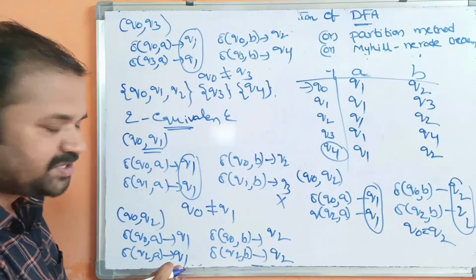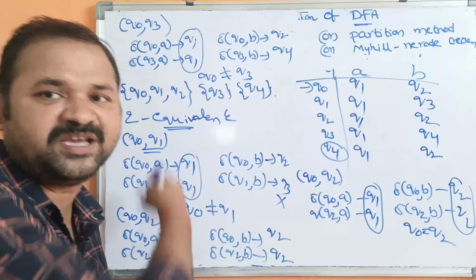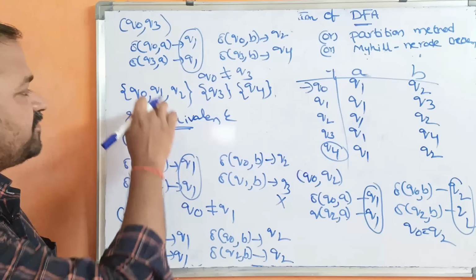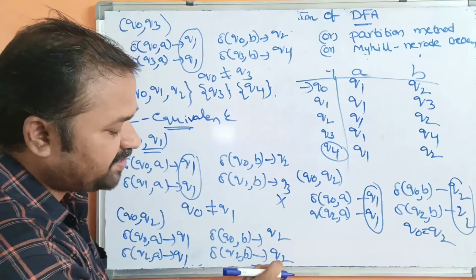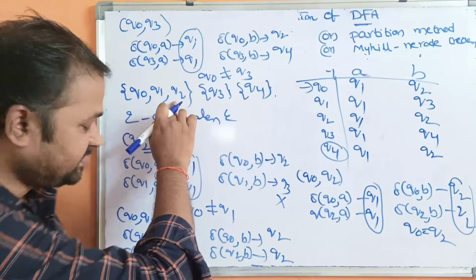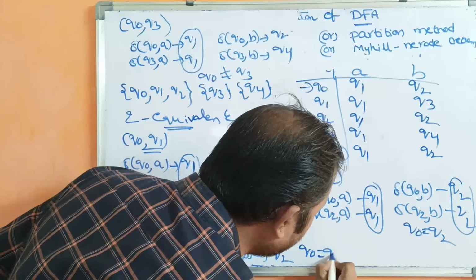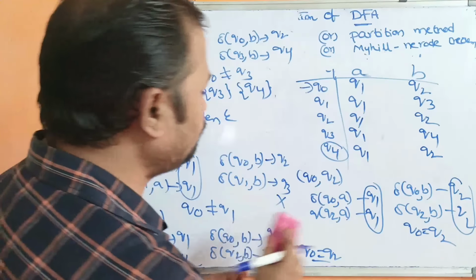Here we got Q1, Q1, so only one state, which will be in one set only. Here we got Q2, Q2, so one state only, available in only one set. So we can say that Q0 is equal to Q2.